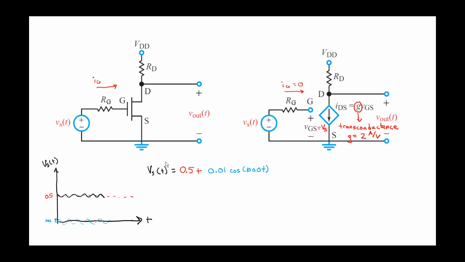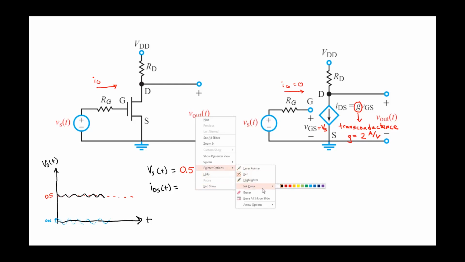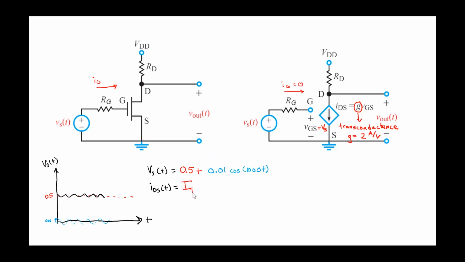Now, I'm not going to continue doing the math here, but I just want to keep talking about the problem. So IDS is a function of time, and generally, it is going to have a DC component and an AC component. So the DC component we denote capital I, capital D, capital S. And the AC component we use all lowercase.